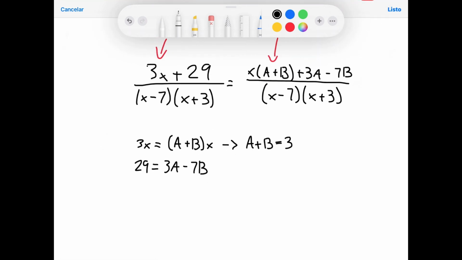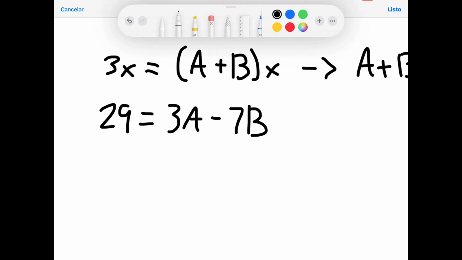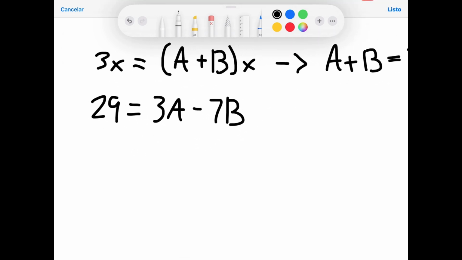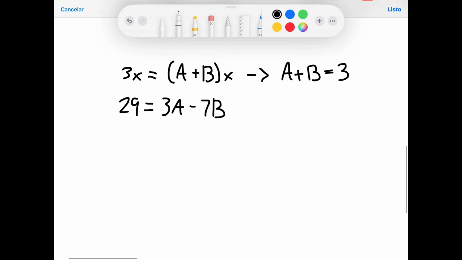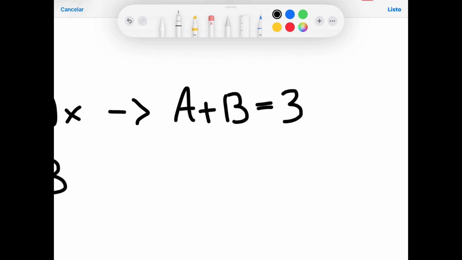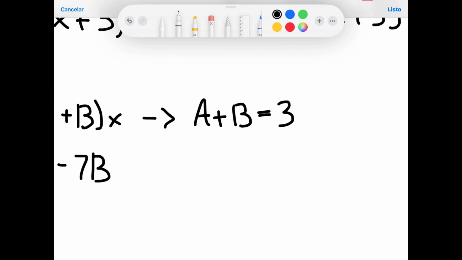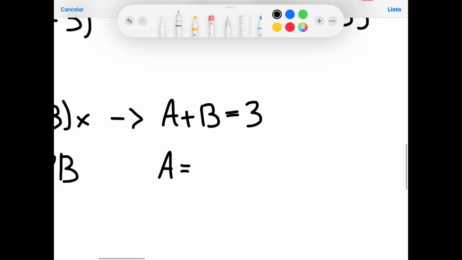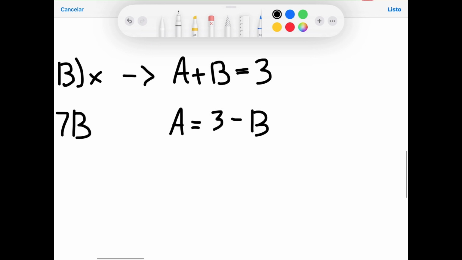Now for step number 7, we now have a system of linear equations, and we can solve it by using any method. In this case, I will be using the substitution method that I explained earlier. So I have a plus b equals 3, and now to get rid of the b, I pass it to the other side. So a equals 3 minus b. We now substitute the value of a in the other equation and simplify.